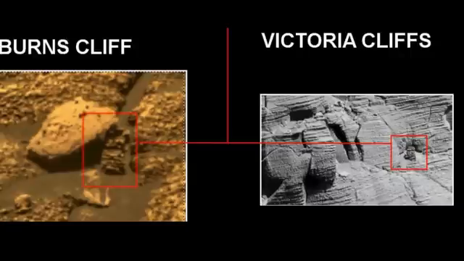No, seriously. I saw this on Burns Cliff and I thought, I've seen that somewhere before. So I got the one up from Victoria Cliffs and it looks as if it's the same, isn't it? It's darn close.